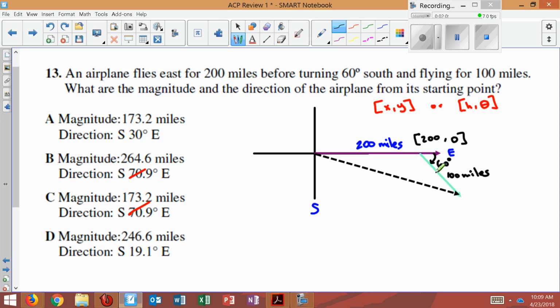This one is going to be easier to write as an h because it's not an x value or a y value, it's angled, so we typically call that an h. So I'm going to write this one as 100, comma, and my angle is 60 degrees down. From the calculator, I have to measure from the x-axis, so it would be negative 60 degrees.